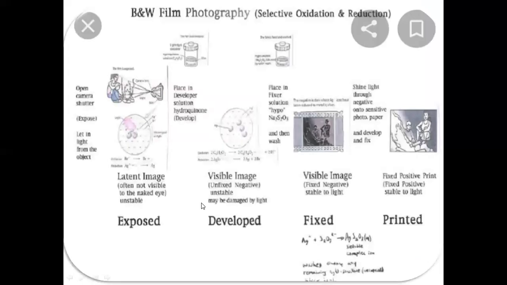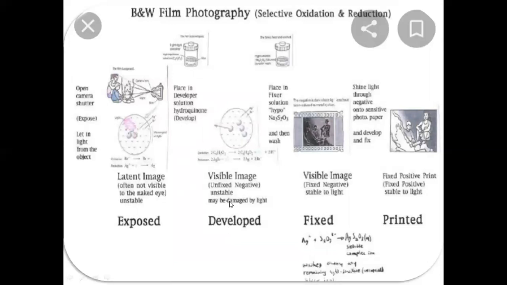You can see in this image, if this person comes in contact with the camera's light, what will happen? The image will fall on the film, and then that film is kept in the developer. I told you hydroquinone is used as a developer.